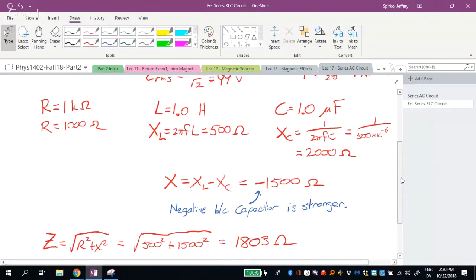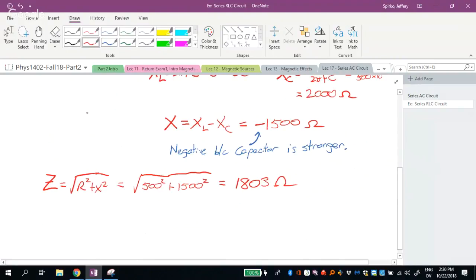So now we have an overall impedance for the circuit. This is the whole circuit. We have the whole circuit's voltage, we have the whole circuit's impedance, so we can calculate the whole circuit's current now using regular AC Ohm's law.